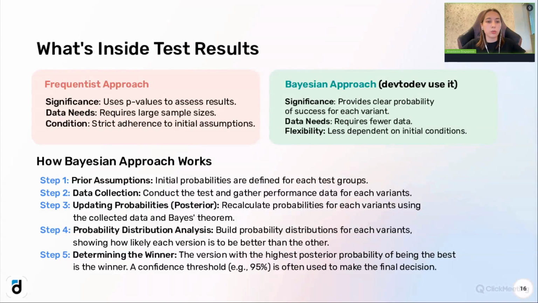It's important to align the method with your experiment and your metrics. It will depend, for example, on the type of your metric, whether it's conversion or absolute value. You may choose the more fitting approach to calculate different types of metrics.